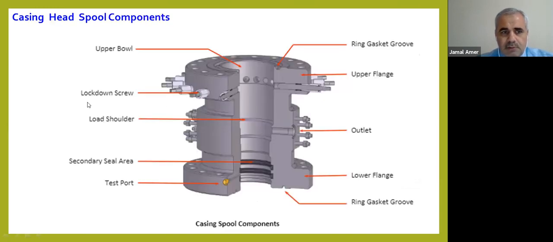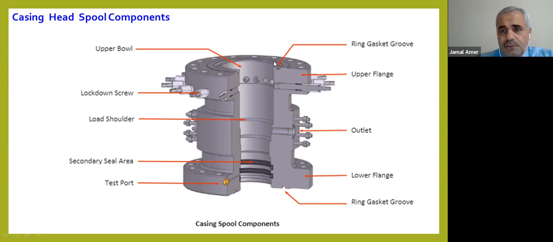On this casing head spool, we have a lockdown screw. What is the function of this? To prevent the vertical movement of the casing due to expansion or due to production effects of the well, after putting the well in service.